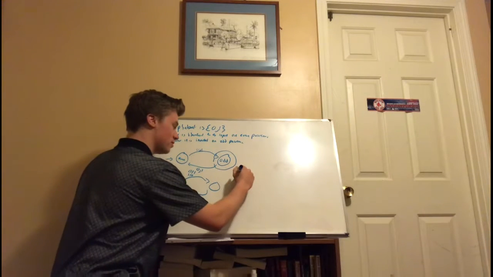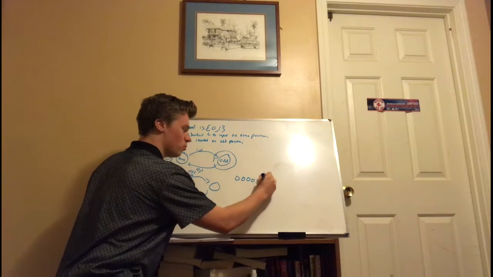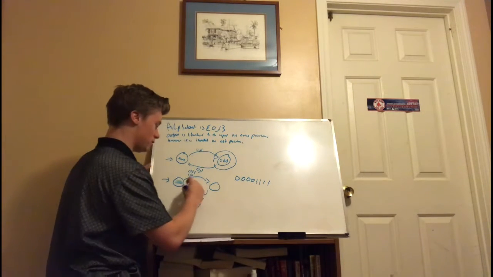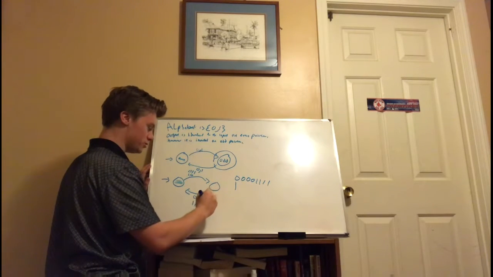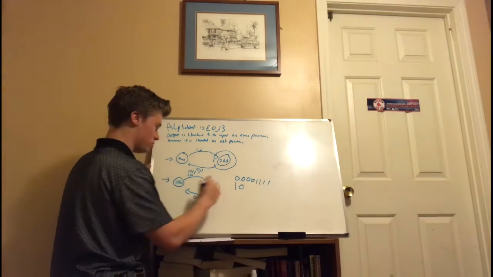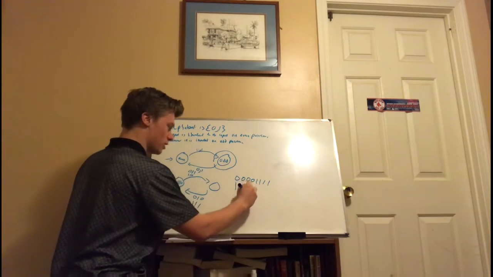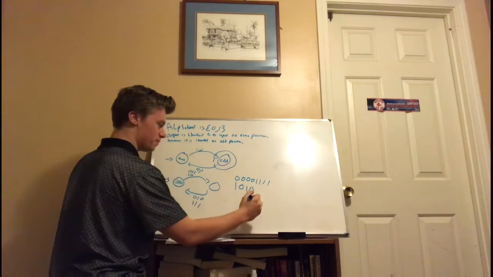So say we're given a string of 0, 0, 0, 0, 1, 1, 1, 1. The output for this string would be, we read a 0, output 1. We read another 0, output 0. We're here, we read another 0, so it's a 1 again. Then we're here, we read another 0, output 0.